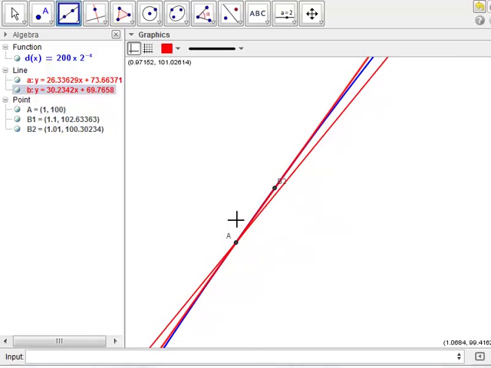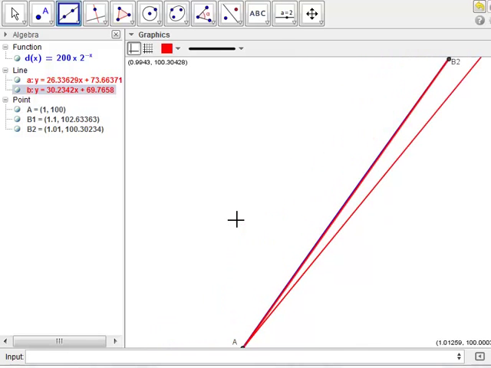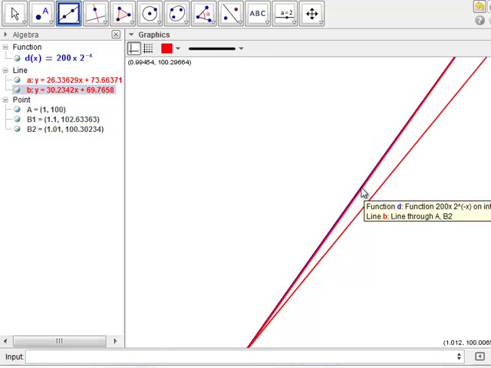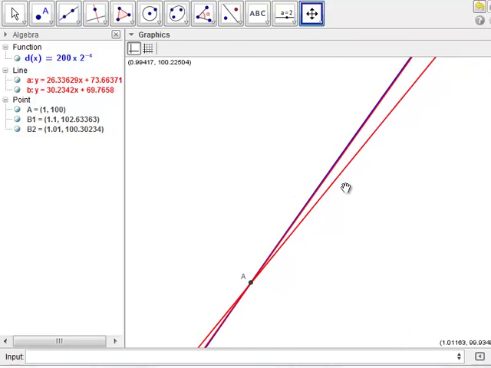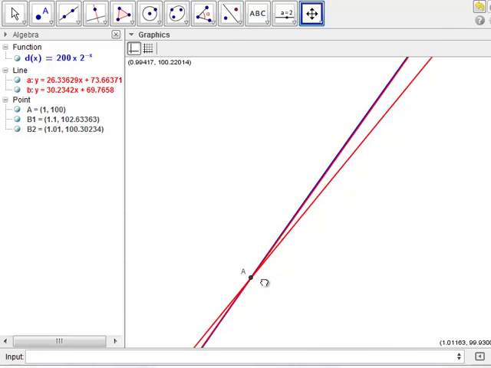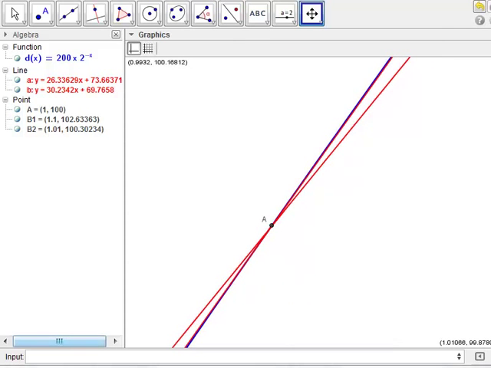Well, if I zoom in some more, notice that there's still some separation between this line and the curve. It's getting pretty close, but say that we want to have better accuracy than that. What we really want to do is, I'd like to know what is the speed of opening at this point itself. That's what we're really trying to get at. So let's do at least this one more approximation.